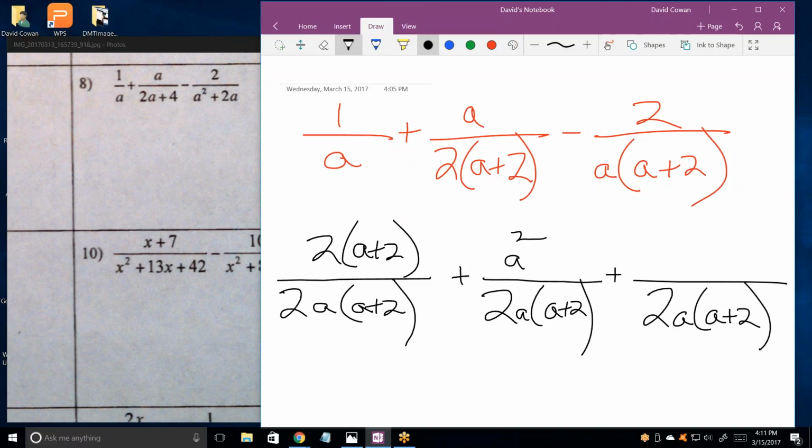Okay, well, in this term here, I still know my common denominator. What's the numerator have to be? Would it be a plus, or a times a plus 2? What is going to make that fraction right there? Hold on, let me think about this. Maybe 4?